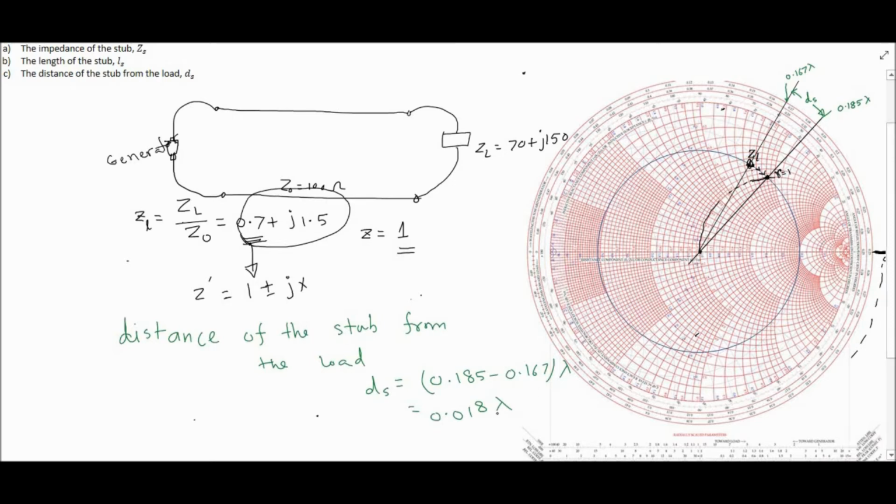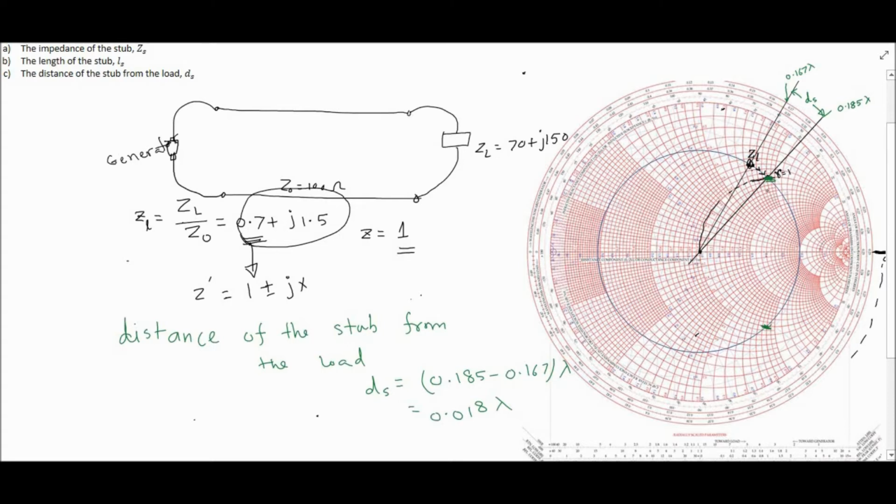You might see there is another point right down here. This will be another location for a stub. But this is the closest one to the load, the nearest to the load. And that other one is called nearest to the generator.